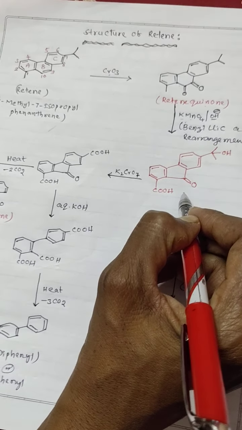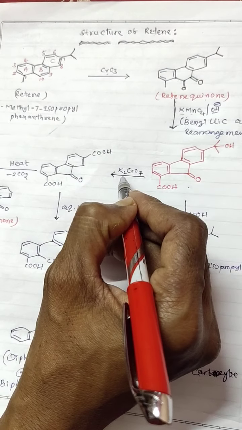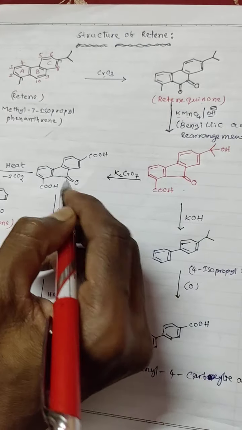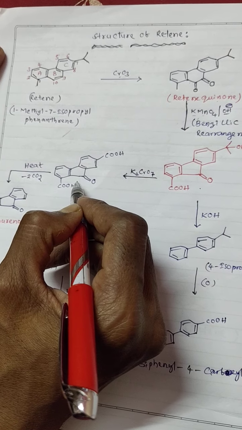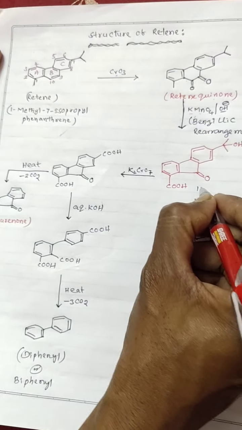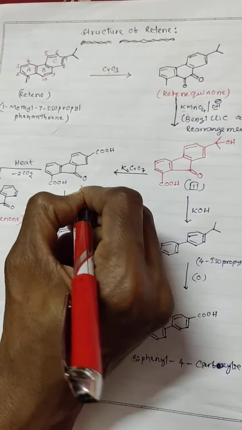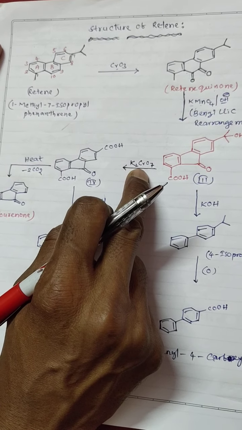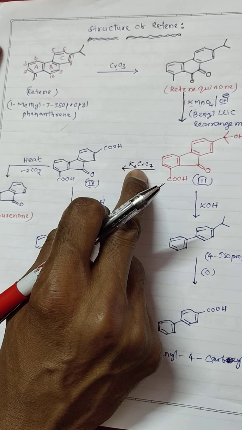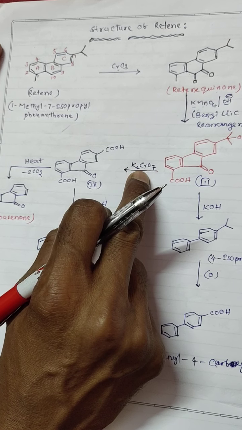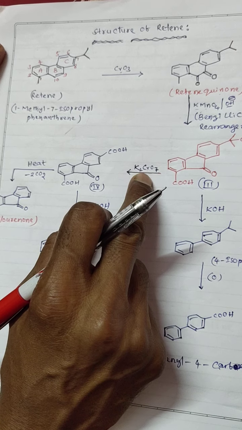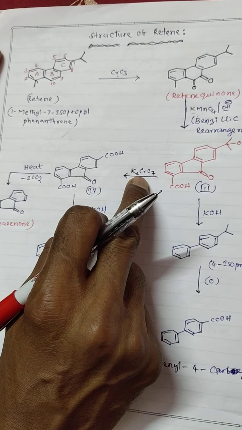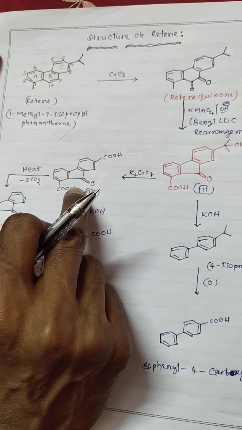Oxidation of this product with potassium dichromate forms the third structure, and oxidation with potassium dichromate again gave the fourth.